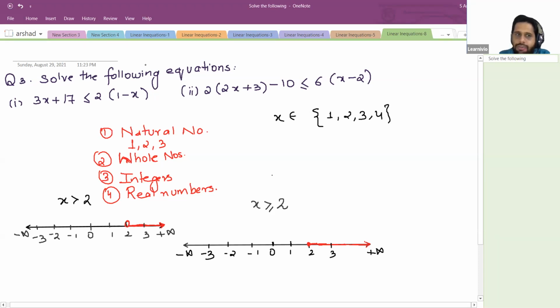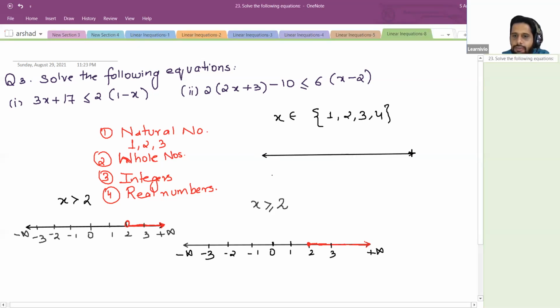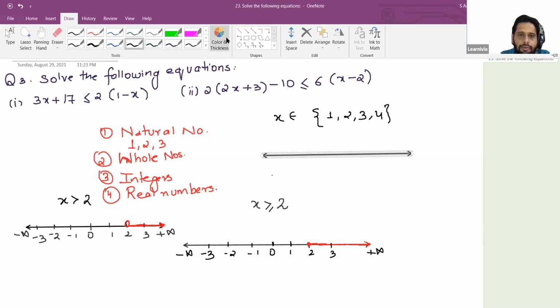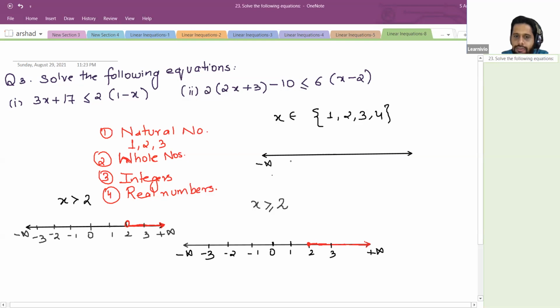If we need to represent this on the number line, then we will draw a number line like this. To the leftmost side, this is negative, this is positive, this is 0, this is 1, this is 2, this is 3, this is 4, this is 5. And this is minus 1, minus 2, minus 3.